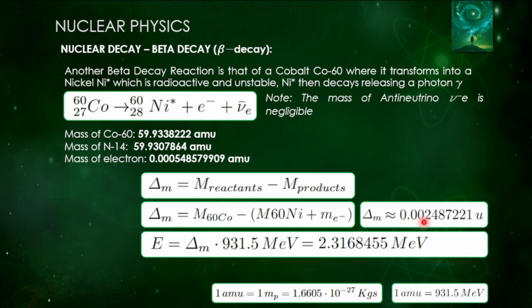Why? Because we're talking about very tiny numbers, so you cannot round it up, otherwise you end up with wrong values. These values here matter. So E equals delta M times 931.5 mega electron volts, which is 2.3168 mega electron volts. All right.